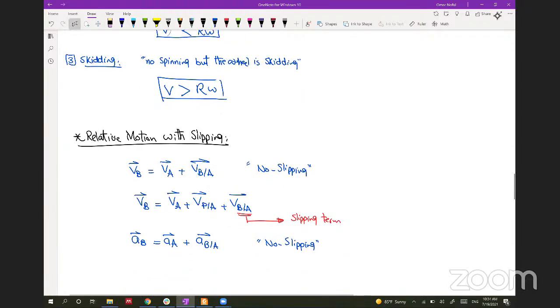But if we have slipping, so let's say here with slipping, it is equal to AA plus AB with respect to A, and this will be plus another term for A, B. And this is called the slipping term.